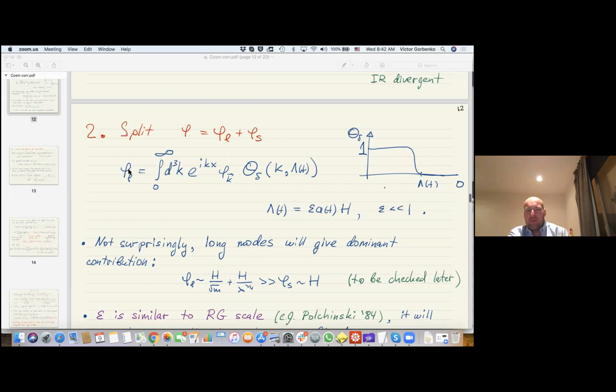So of course, if we just compute the correlation function of phi long, it would depend on these details. I think this is the problem that you're pointing out. It's true that if we just take a very long distance limit of correlation functions, it's only the phi longs that give the leading contribution.